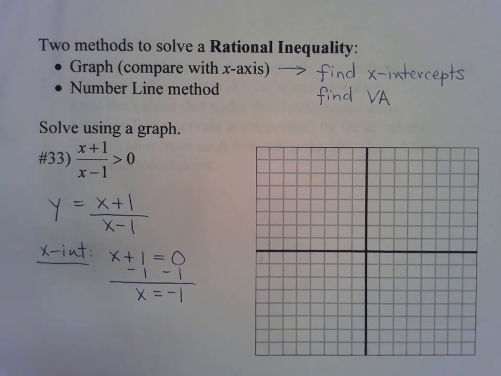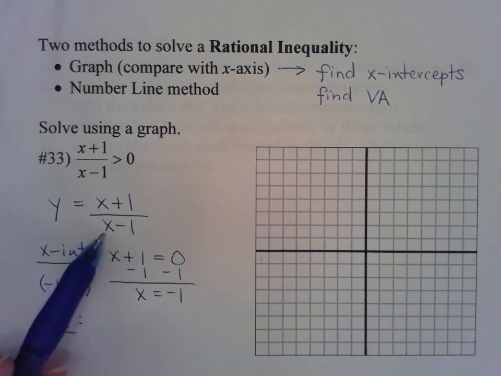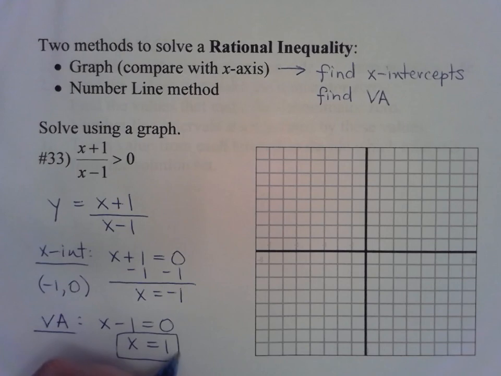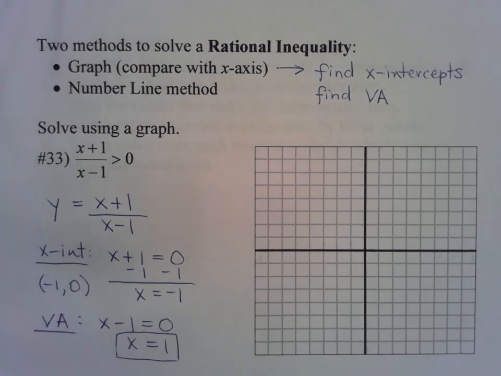So the x-intercept here is going to be the point -1, 0. And then we need to find the vertical asymptote. The vertical asymptote is going to come from setting the denominator equal to 0. Notice we cannot factor or reduce here, so that's not really an issue. So the vertical asymptote would be at x equals 1.